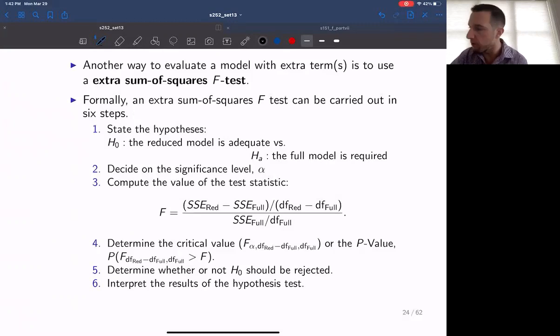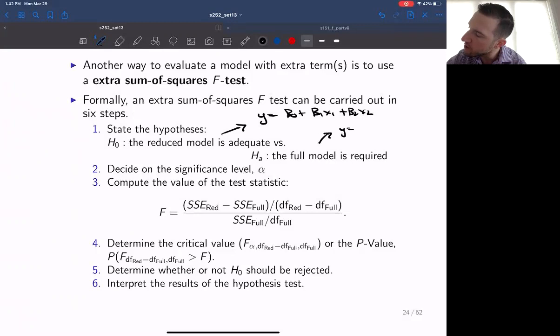For example, in our context, the reduced model would be the model without the interaction term. So we are assuming in the context of the problem that the model without the interaction term is good enough for the data. The full model in our situation would be the model with the interaction term.